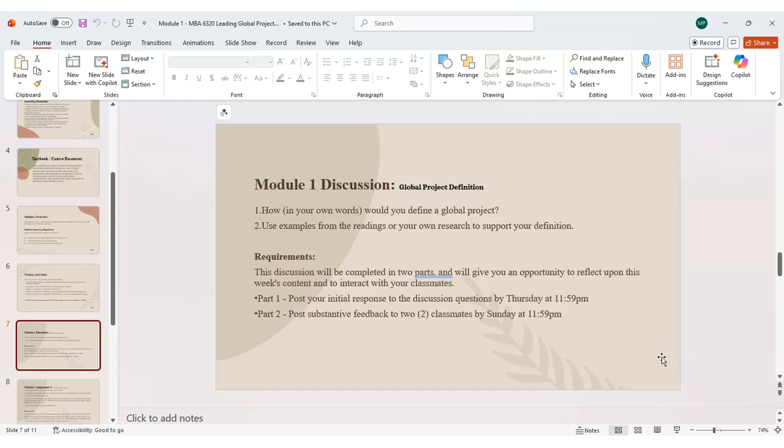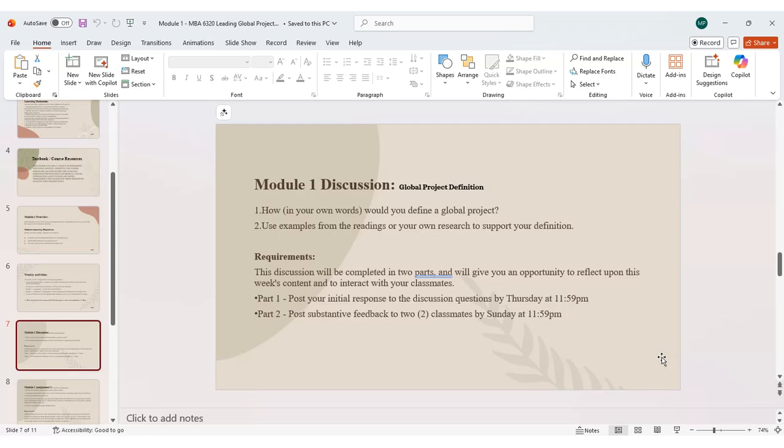All right. So what makes a global project different from more traditional or domestic projects is really the added complexity. While all projects deal with scope, schedule, cost, and quality, global projects must also navigate cultural differences, language barriers, varying legal and regulatory environments, and time zone challenges.